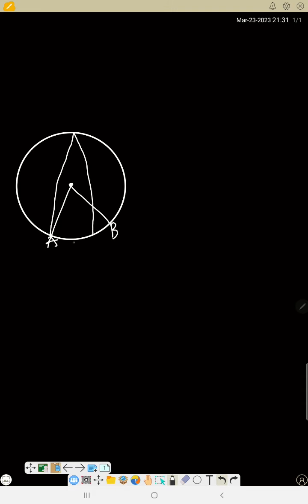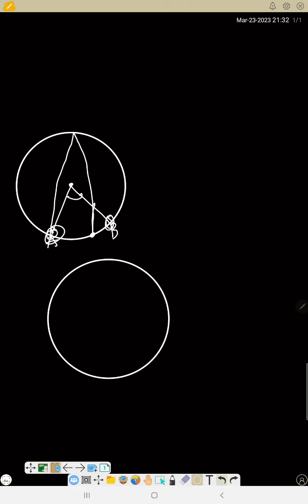The law does not hold here, because the same arc that goes to the circumference is not the same arc that comes back, it's a different arc that comes back. So the rule can only hold if you have the center on an arc, and it is the same arc that goes to the circumference, as in like this. That is when the theorem holds. If here is 2x, here will be x.